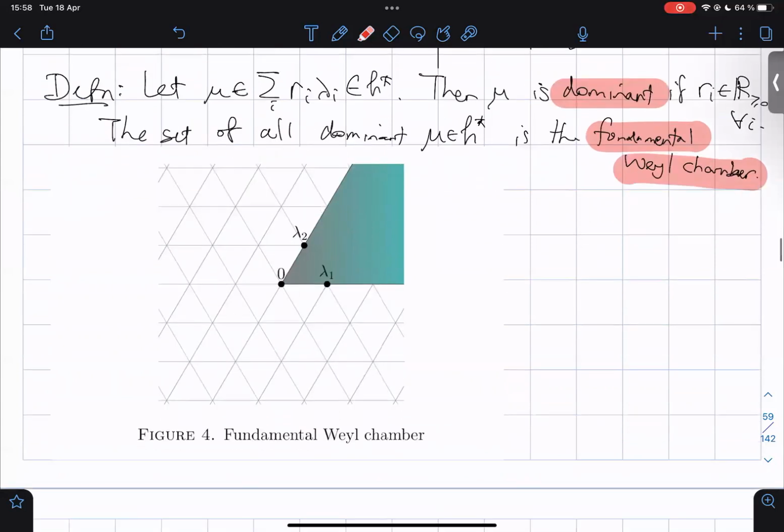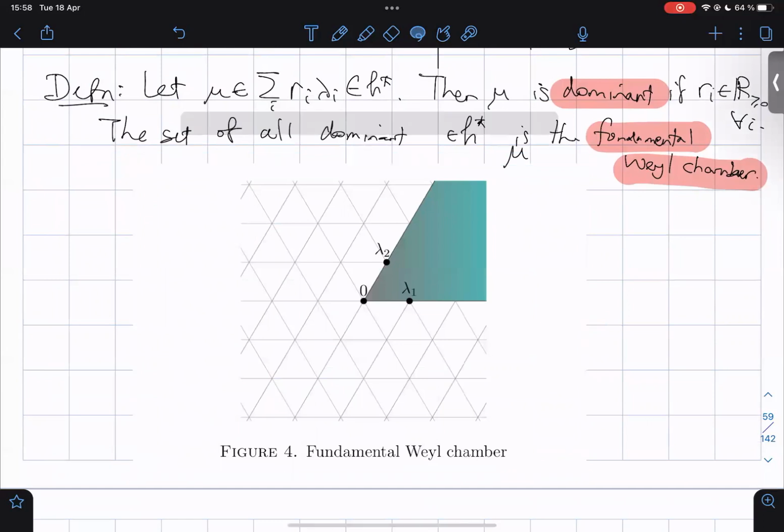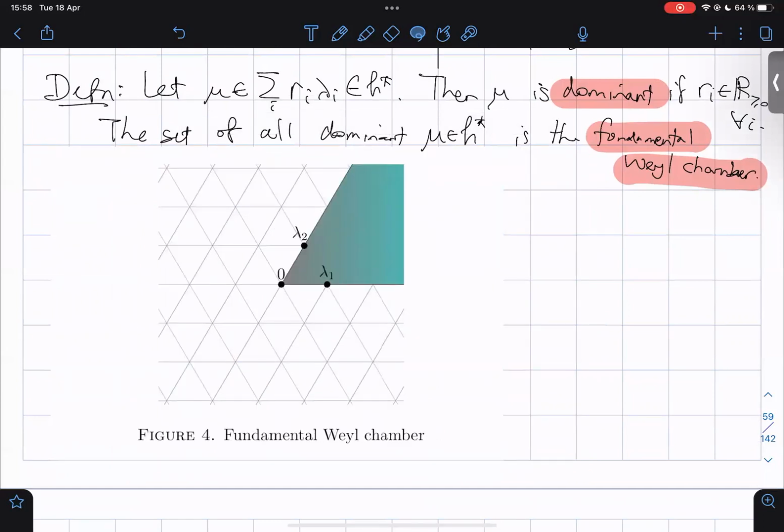Okay, so here's a picture. Here's 0, here's lambda 1, lambda 2. Anything in this area here is a linear combination of lambda 1 and lambda 2 with those coefficients being non-negative.